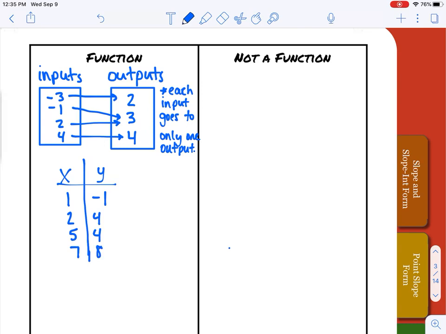This time, we can look and see the x values are all different. So although there are repeated y values, we care about the x values. So this is a function.